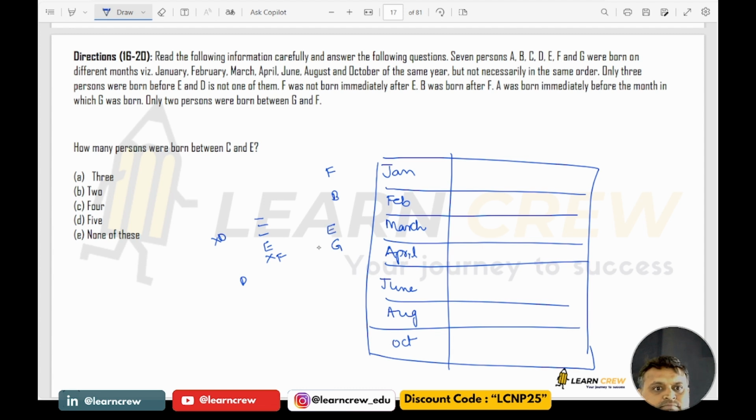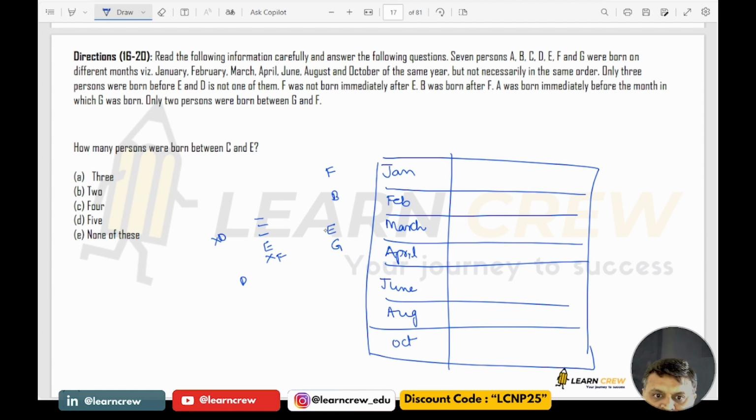Okay. Only two persons were born between G and F. So what is given here? Once again, see: F was not born, A was born immediately before the month in which G was born.